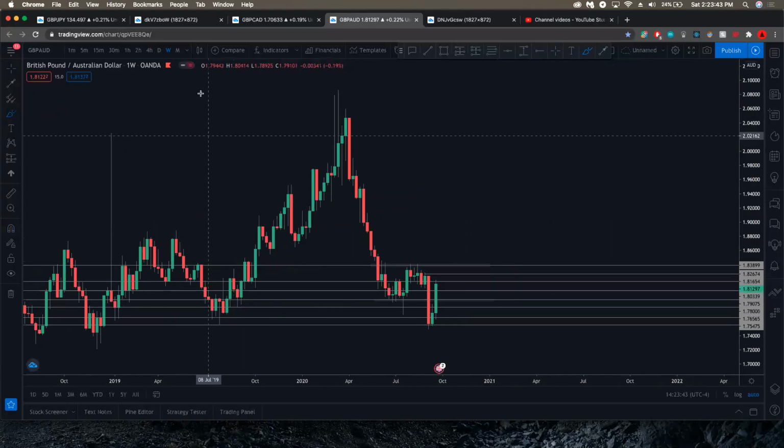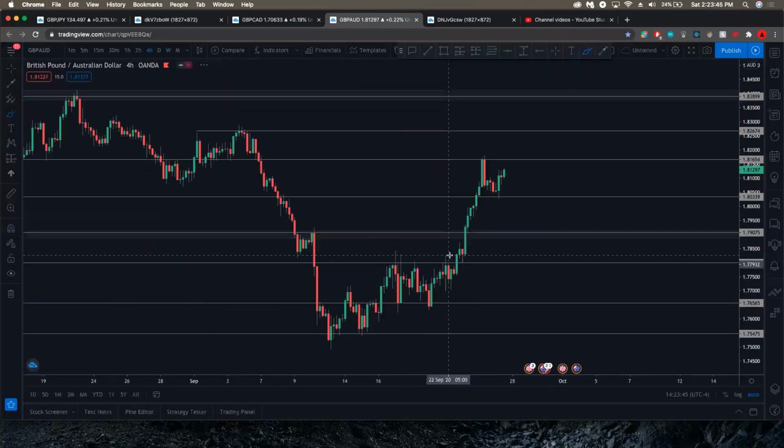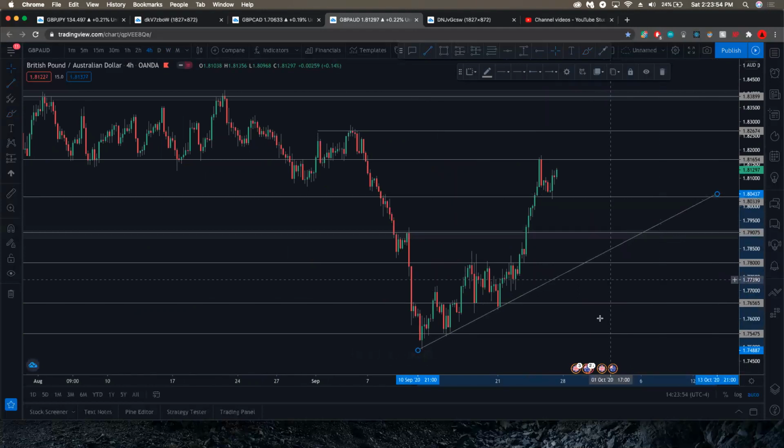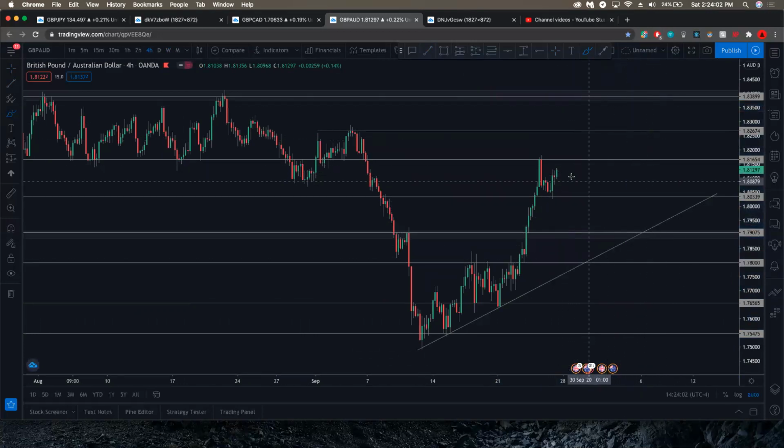Other than that, it's quite simple. We're just going off 4-hour market structure. I'm going to draw a small trend line, see where it lines up. Let's say price comes down and reacts to this trend line or something like here, then pushes up or comes down a bit lower. This is why I like visualizing what could happen, because it gives you a good sense of what you'll execute on if this happens.